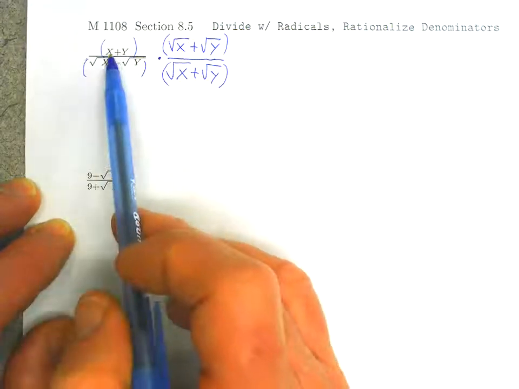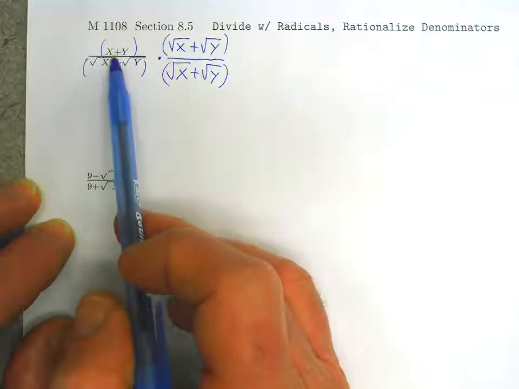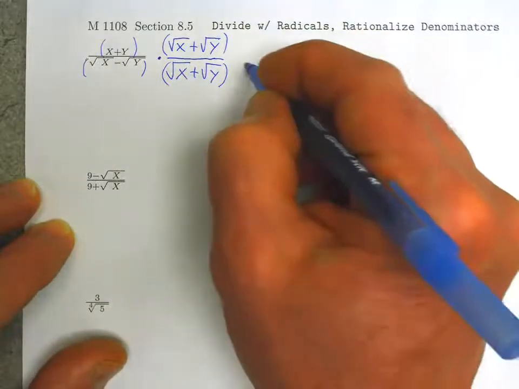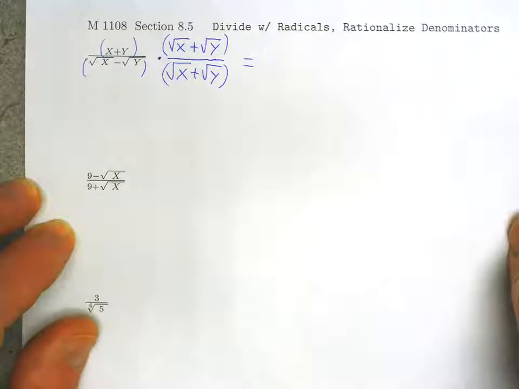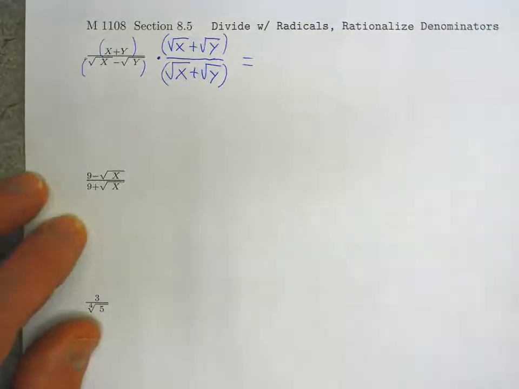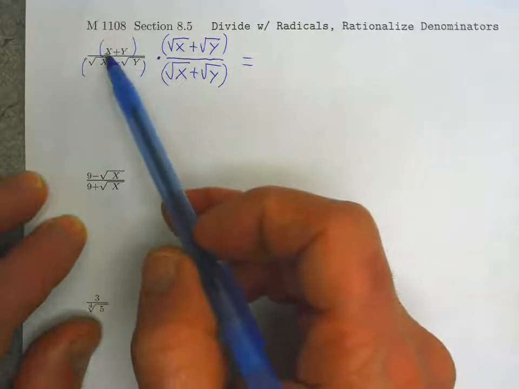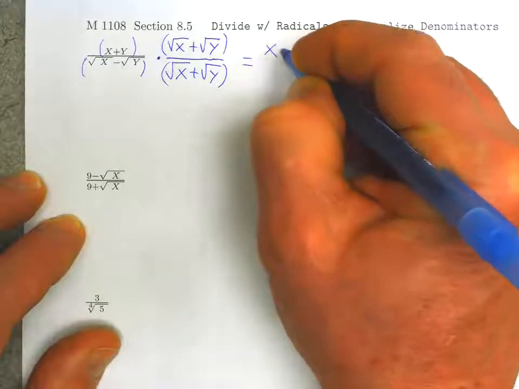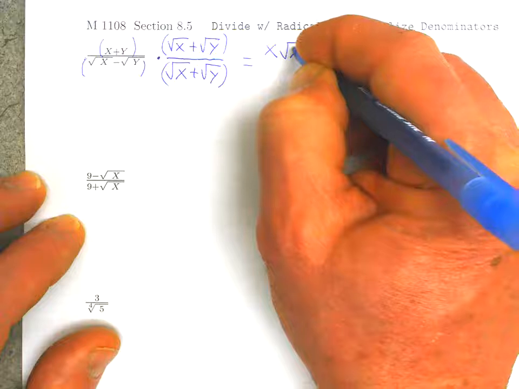So we multiply x, the quantity x plus y, times the quantity square root of x plus the square root of y. Multiply those like you would multiply binomials. The first one, x times the square root of x, is x times the square root of x.